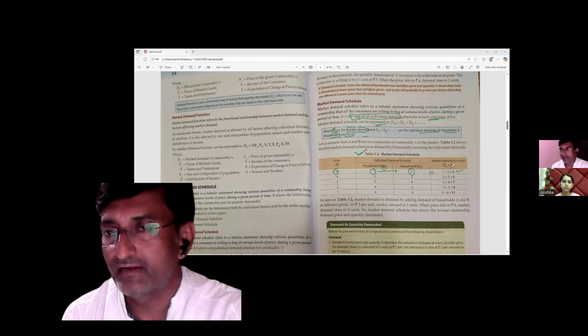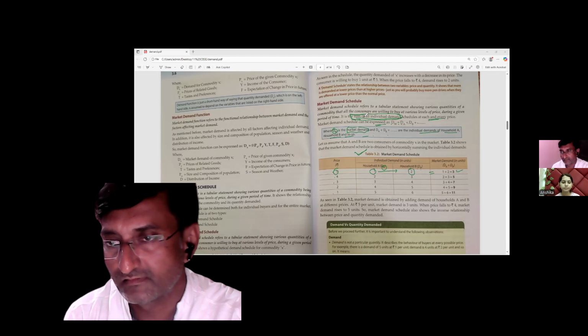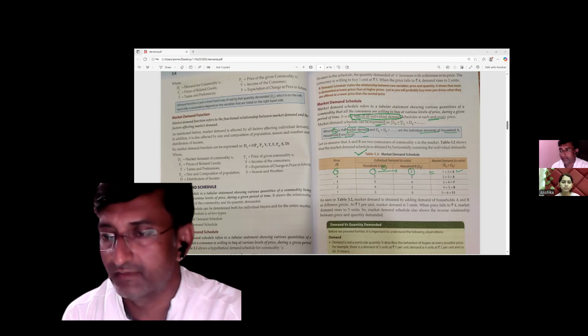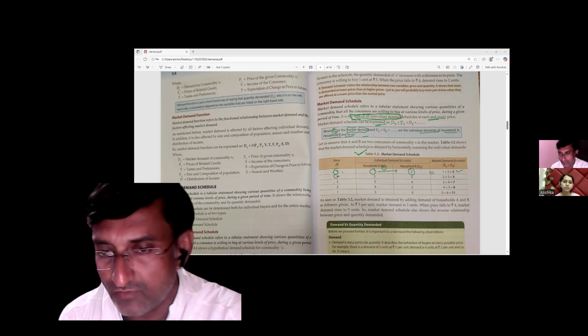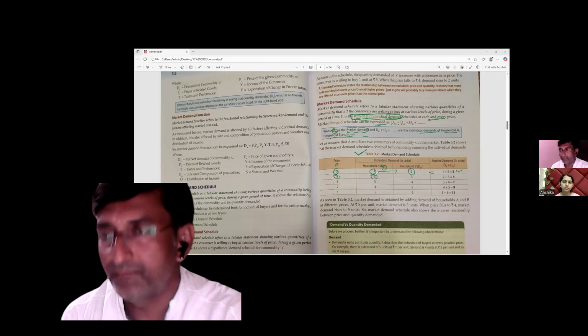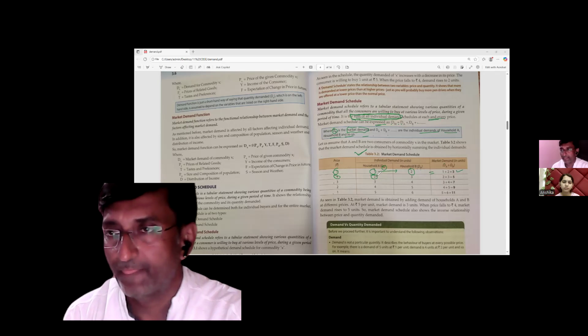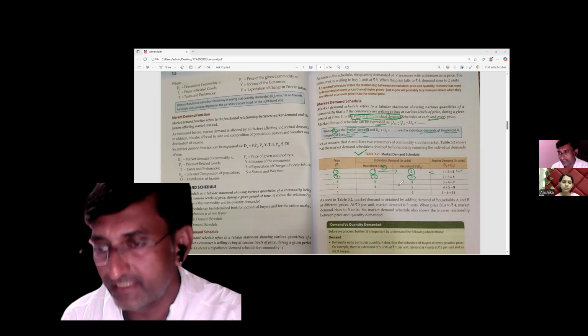So what is the definition of market demand? It is the sum of all individual demands. Now when the price is 4 rupees, person A bought two commodities and person B bought three commodities.